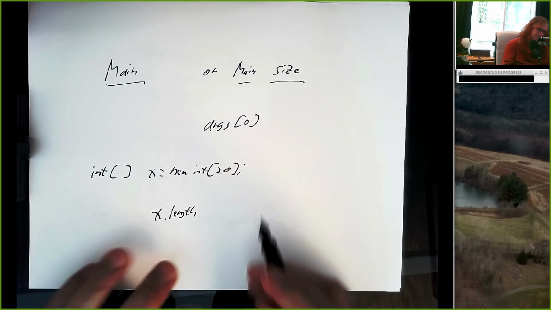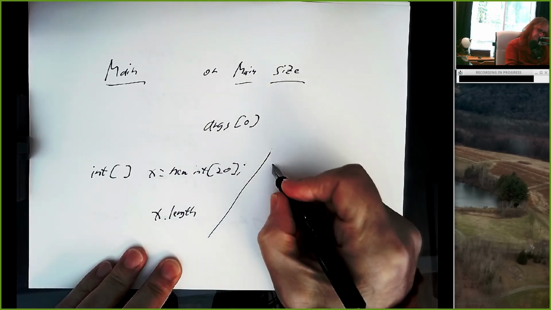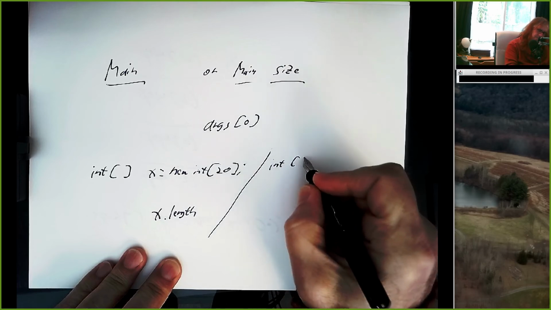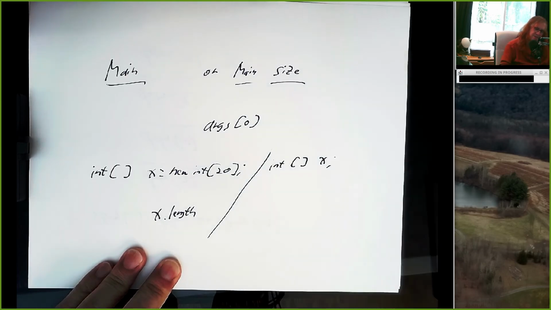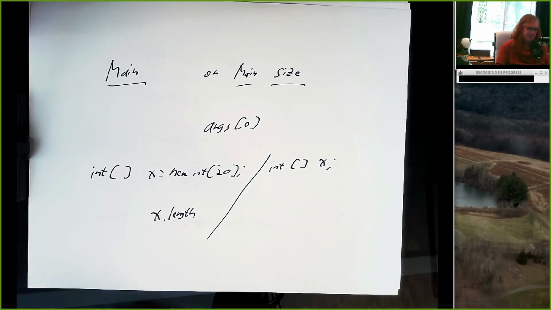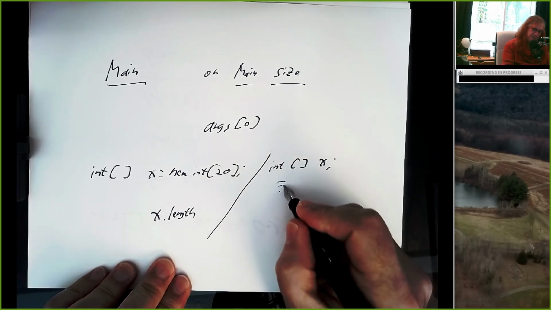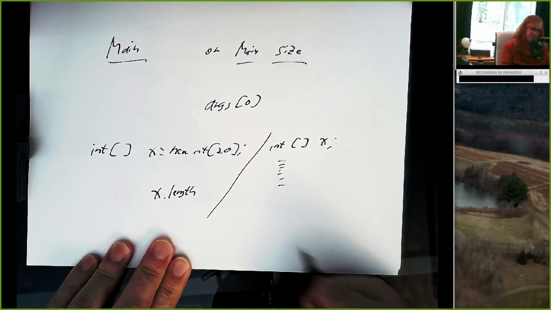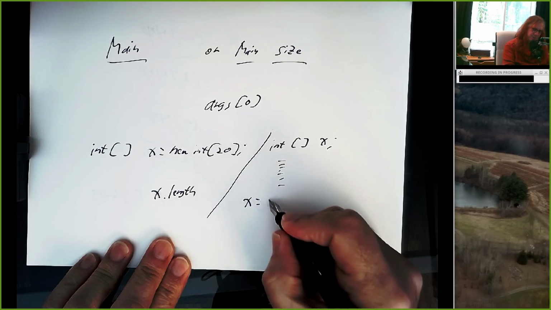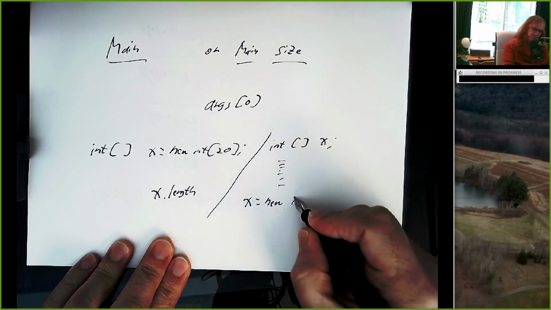And we can declare x to be an array of integers like this. And then we can do some code, and at some point we can construct it using the new keyword.